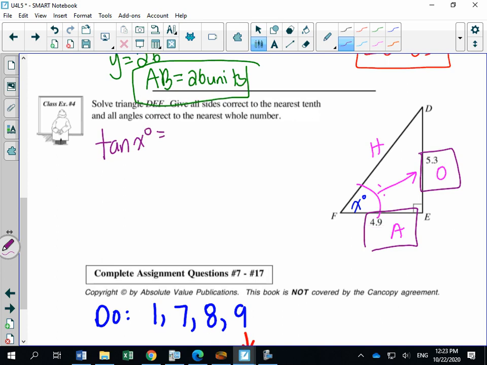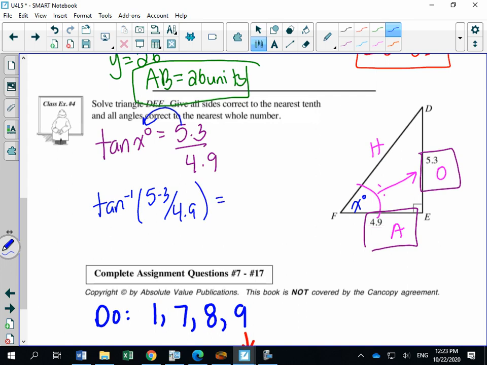So 5.3 over 4.9. I am finding an angle, which is an inverse function. The inverse tan of 5.3 over 4.9. Punch that in on your calculator. They want it to the nearest whole number.